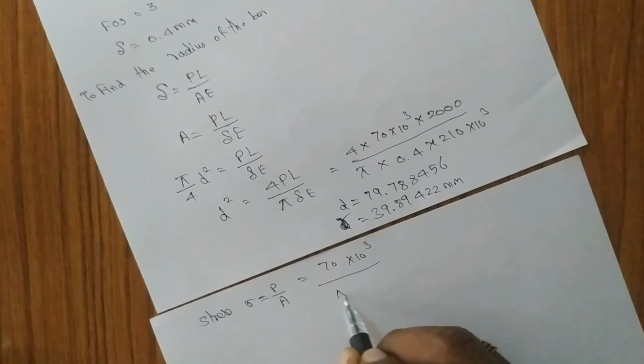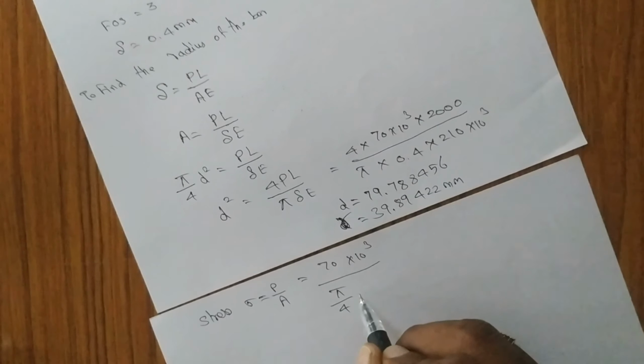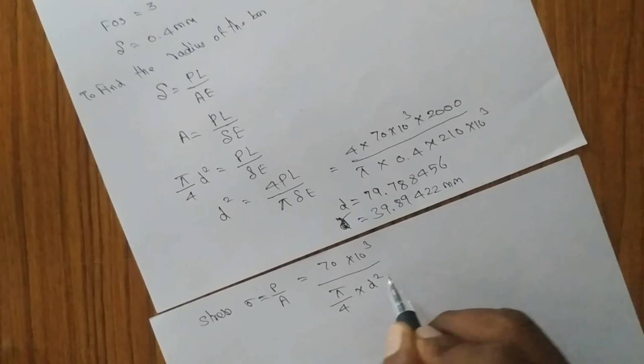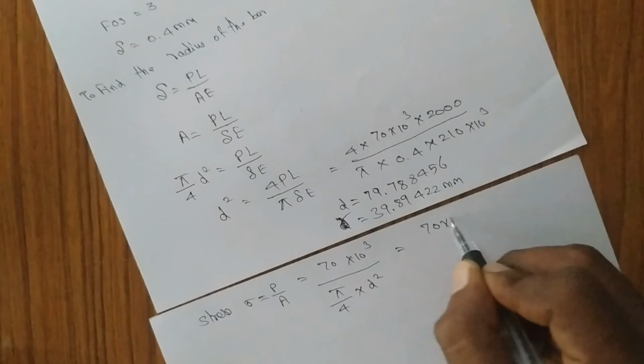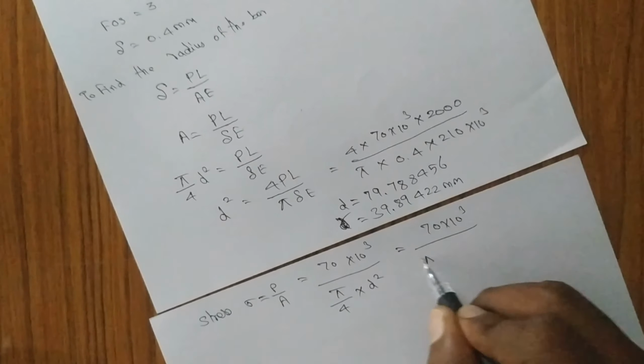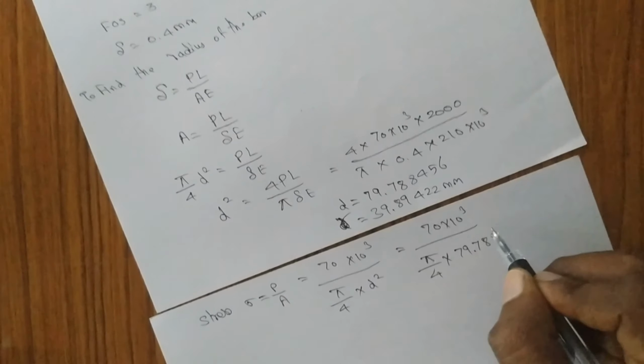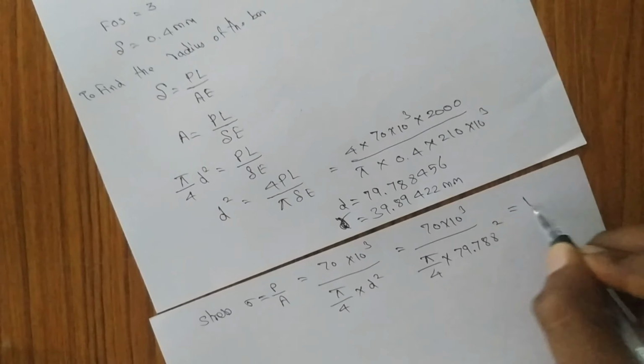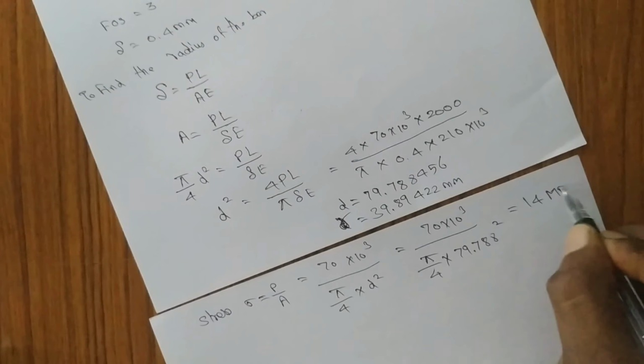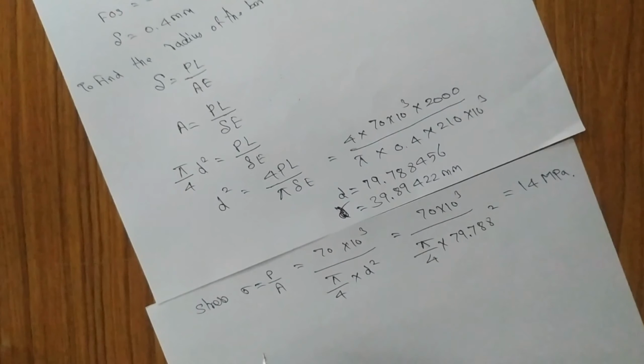Area is pi by 4 d square, and we have the d value. So 70 into 10 to the power of 3 divided by pi by 4 into 79.788 squared. If you solve that, you will get 14 megapascal. So the stress value is 14 megapascal.